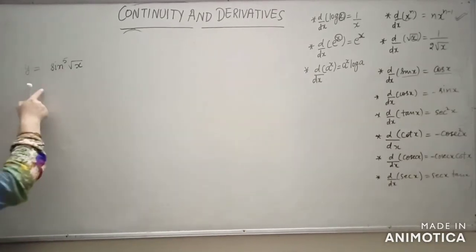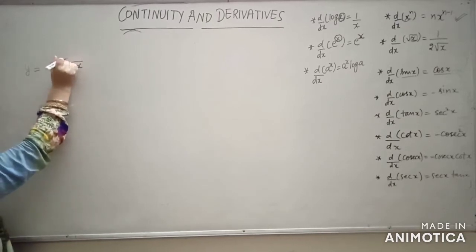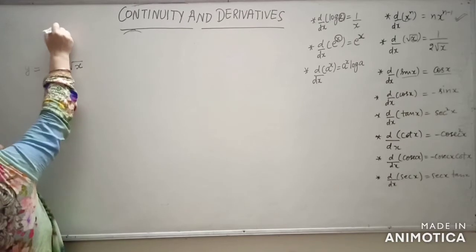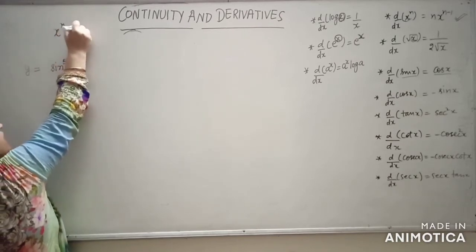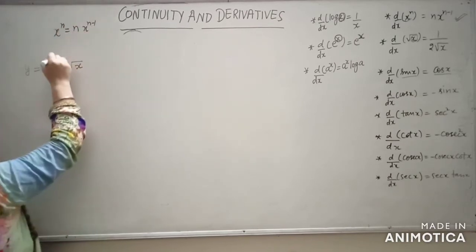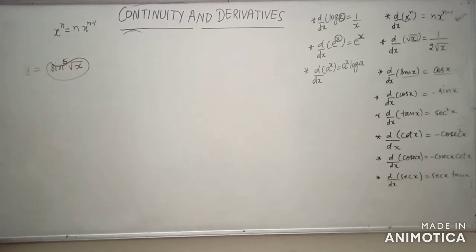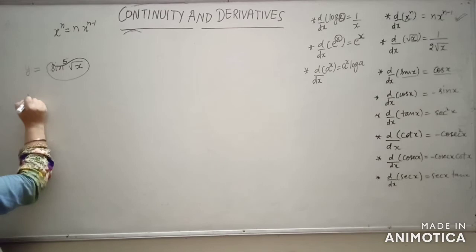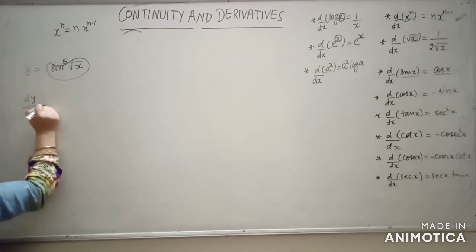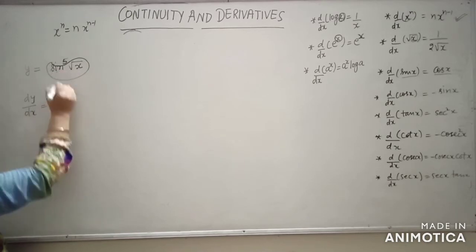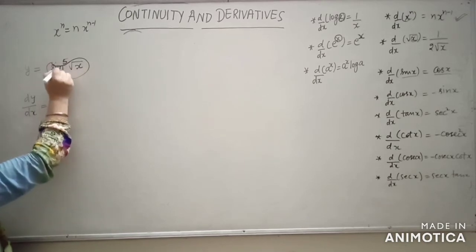If the question is this, then first of all we see the power. We know that the derivative of x raised to power n is n x raised to power n minus 1. Now we consider sin root x as x. Then dy by dx will be, as per this rule, 5 sin raised to power 4 root x.